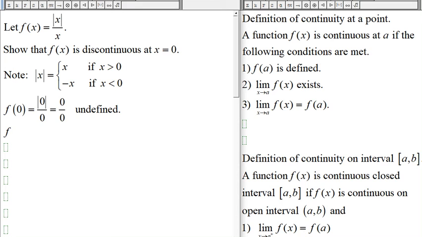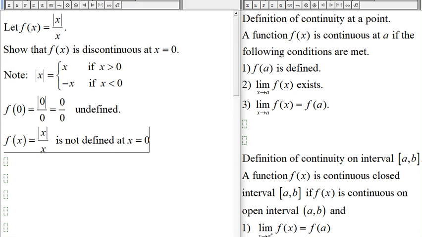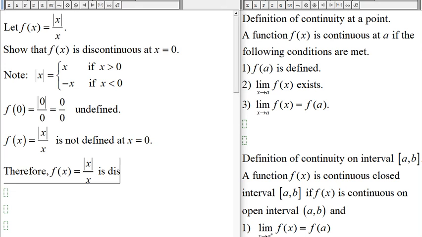So we say that f of x is not defined at x equal to 0. And therefore this function right here is discontinuous at x equal to 0.